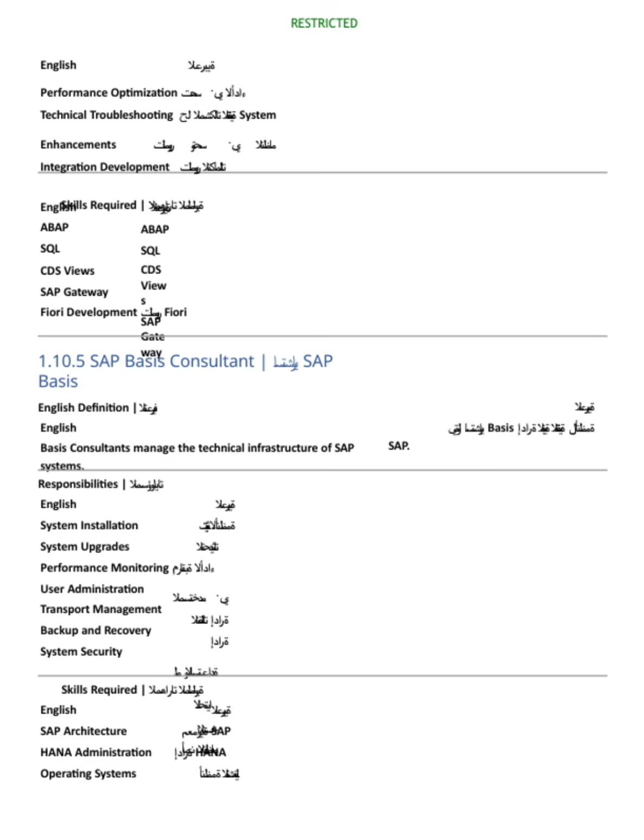They handle system installation, upgrades, and ensure the technical infrastructure runs smoothly. On the development side, expertise in ABAP, SQL, CDS views, and SAP Gateway is essential for troubleshooting, optimization, and integration. This mix of skills keeps SAP environments stable and efficient.